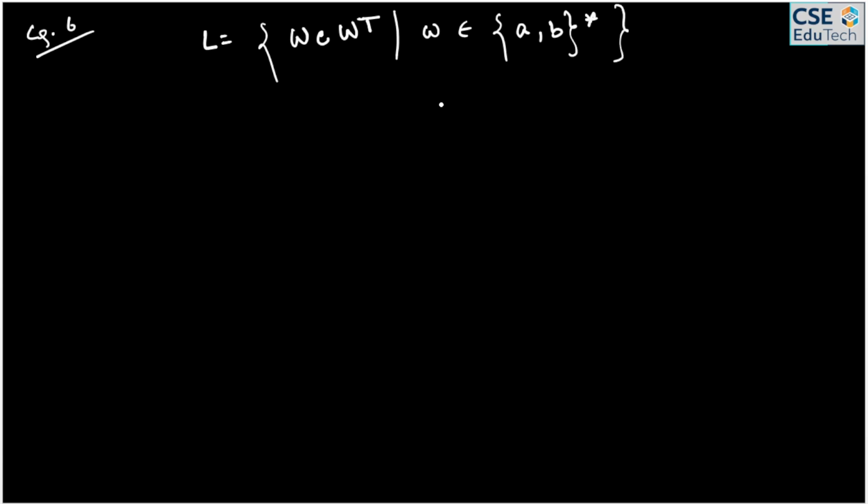That means w is basically a construction of any combination of a and b, and w transpose is basically the transpose of w.